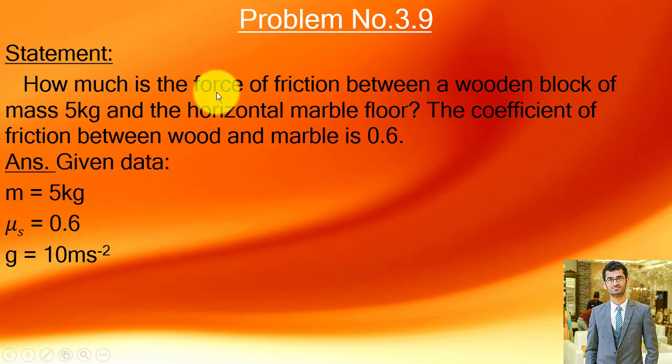How much is the force of friction between a wooden block of mass 5 kg and the horizontal marble floor, where the coefficient of friction between wood and the marble is 0.6?